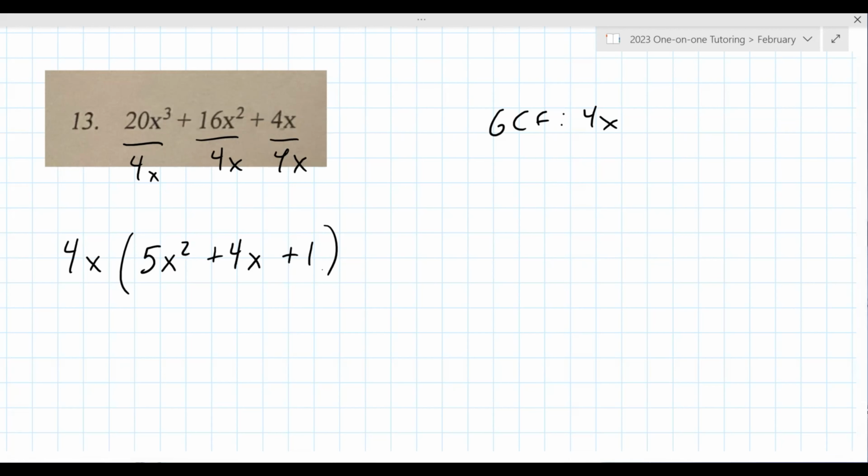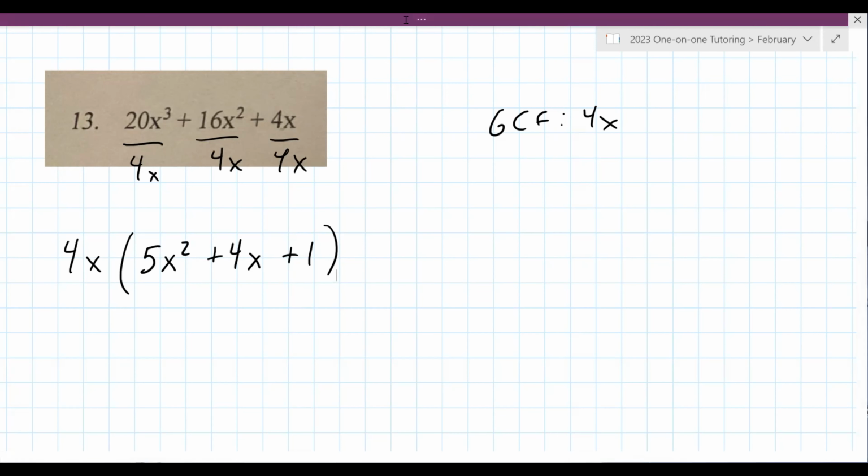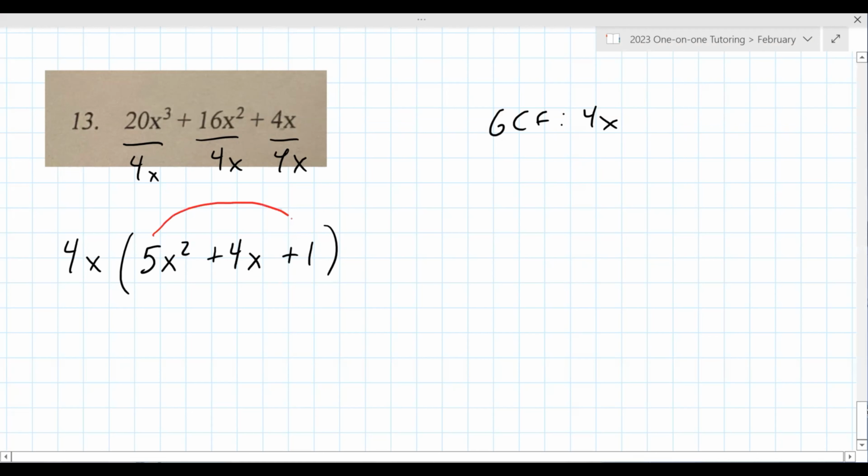Let's see. Okay, now this is where it gets a little dicey because you're supposed to try to factor this one. It actually is unfactorable, so I'm not sure what the intent was here. But if you remember, when the leading number isn't 1, you multiply the 5 and the 1. You get 5. And you're looking for two numbers that multiply to 5 but add up to 4.